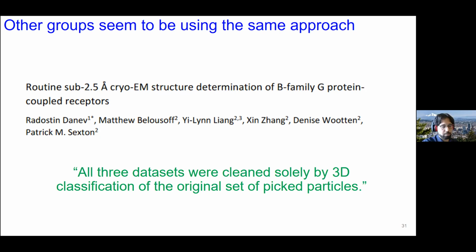For my own data set that went to 3.1 angstrom, it was about 150,000 particles, but that is after throwing away quite a few particles. I usually end up with maybe 10% of the initially picked particles, maybe 15%. So after all of that, I ended up with 150,000 particles.